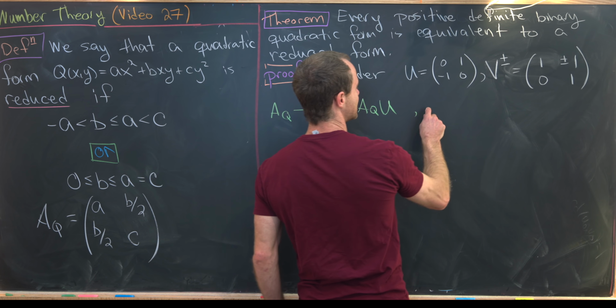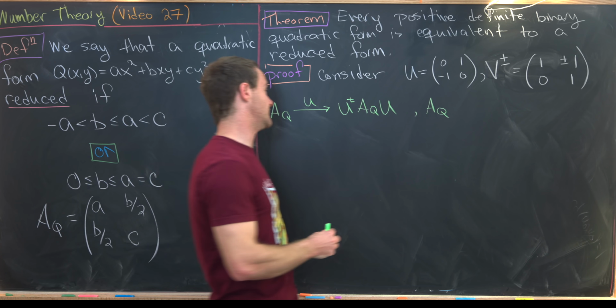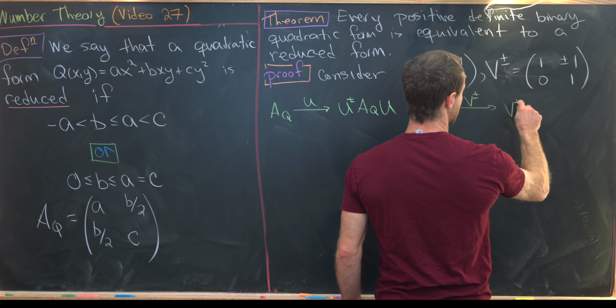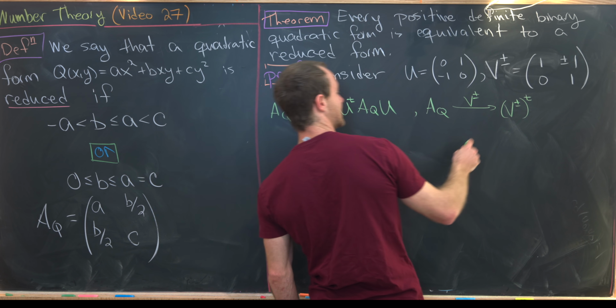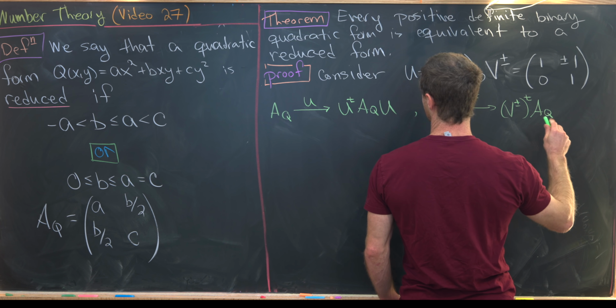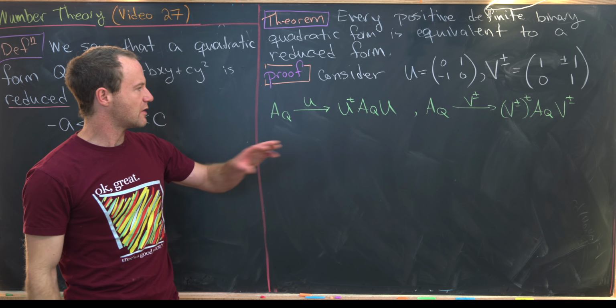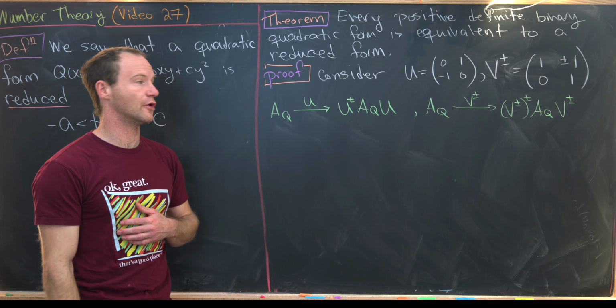And then the same thing happens for doing this action with V. So arrow over it with a V plus minus, we get V plus minus transpose, depending on if we're doing the plus or the minus, and then AQ, and then V plus minus. So that way we just don't have to write the conjugation by these matrices over and over again.